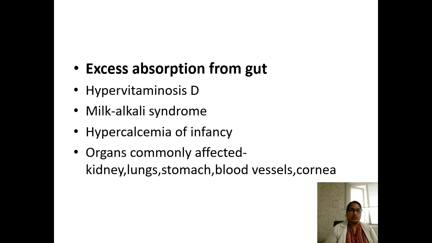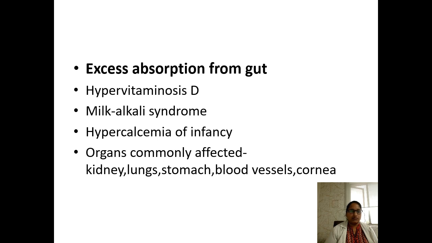And excess absorption from the gut, as in hypervitaminosis D, milk alkali syndrome, and hypercalcemia of infancy, causes increased calcium levels. They go and get deposited in the normal tissues.